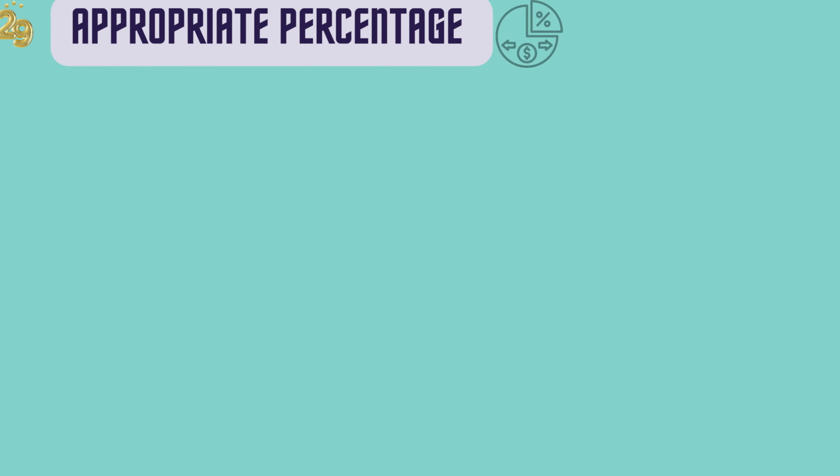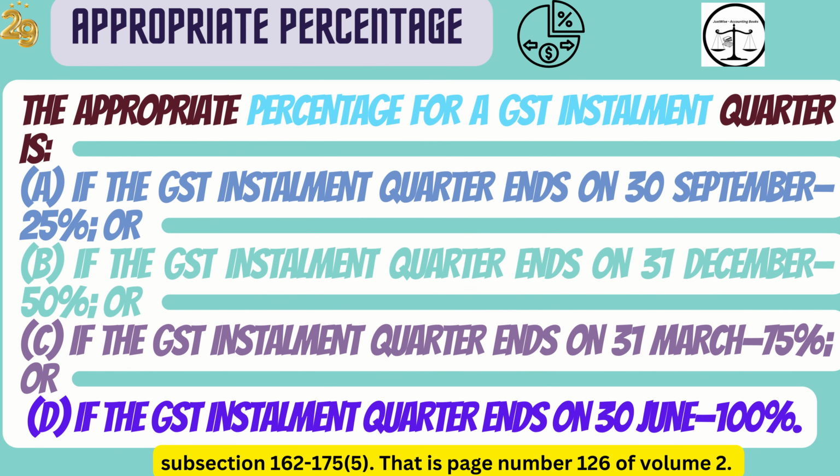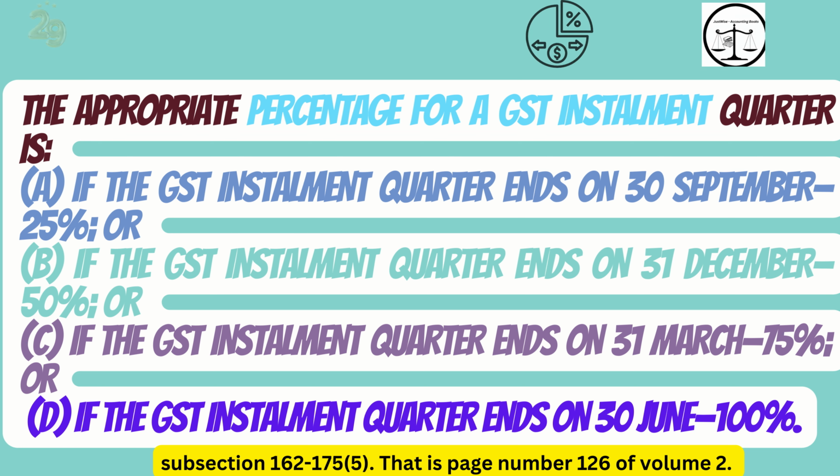Word number 29. Appropriate percentage for a GST installment quarter. You can find more about subsection 162-175(5). That is page number 126 of volume 2.